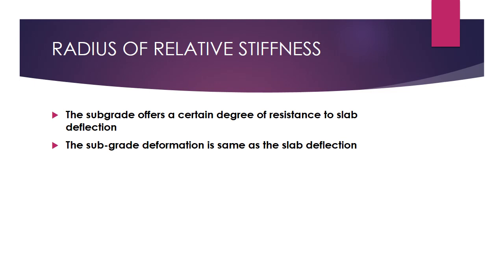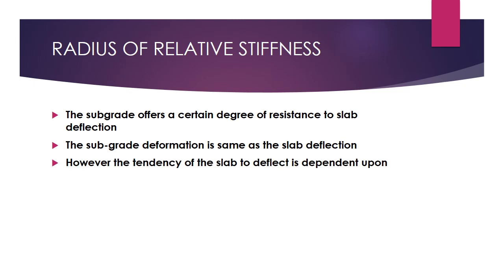The subgrade deformation is the same as the slab deflection. What was considered was the deformation in the subgrade, which is due to the deflection of the pavement. Both are the same.